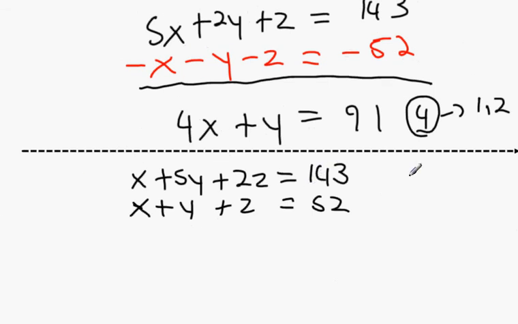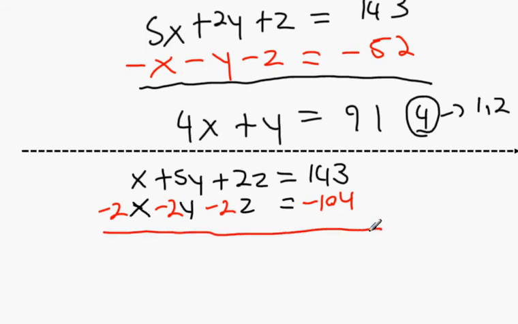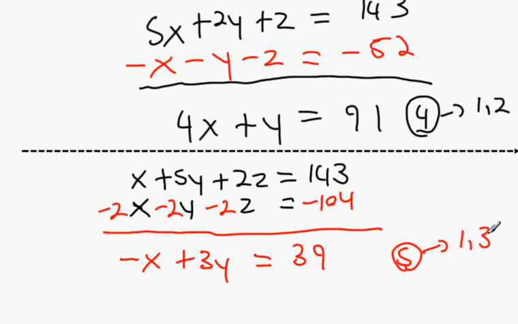I'm going to multiply the bottom one by minus 2. Minus 2 goes to minus 2x, minus 2y, minus 2z. And what's 2 times minus 52? Minus 104. I'll just multiply everything by minus 2. Now I'm going to get minus x plus 3y equals, what's 143 minus 104? 39. I now have equation 5. Equation 5 comes from 1 and 3.